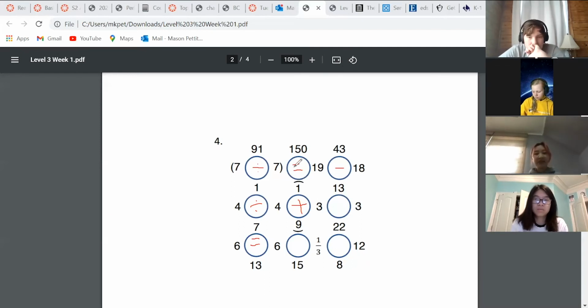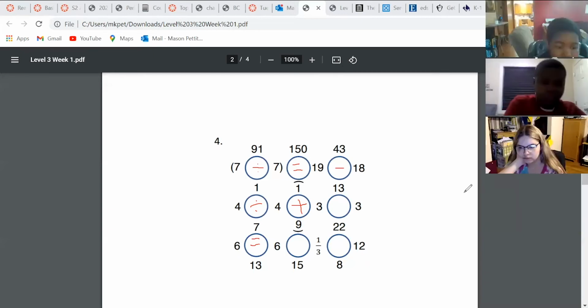And 10 blank 15 should equal 150. So can anyone solve what 10 blank 15 would give us 150? Well, we know the number's getting bigger.